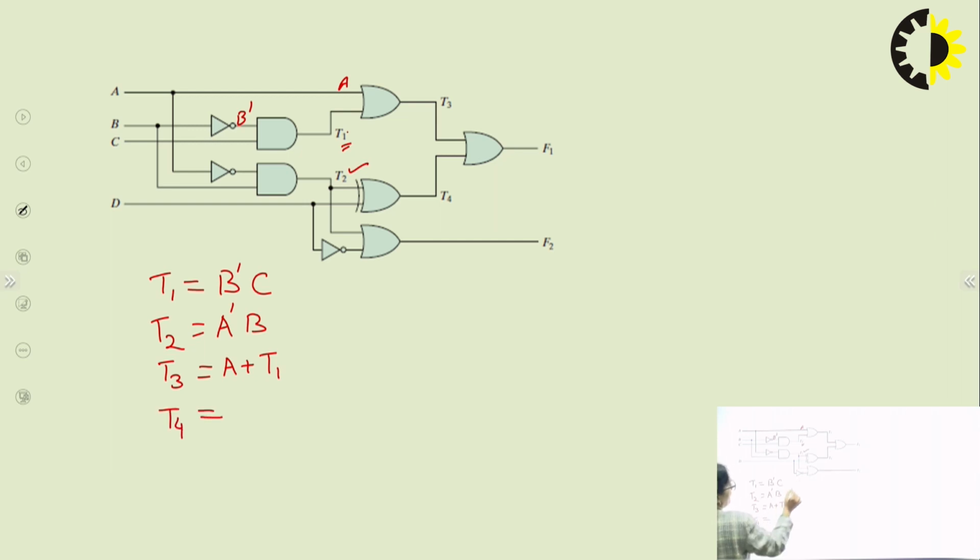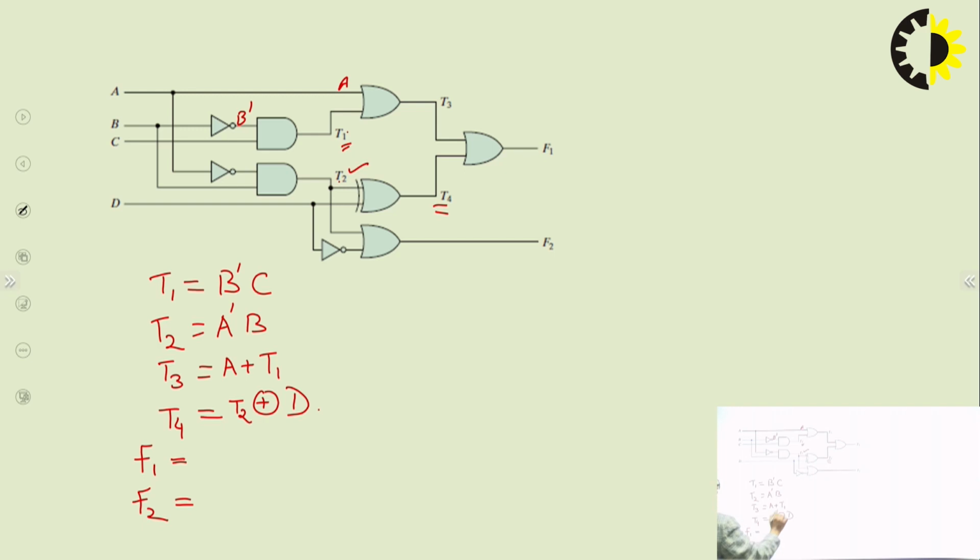T4 is T2 XORing with D. Now the final F1 and F2, these are the two outputs.